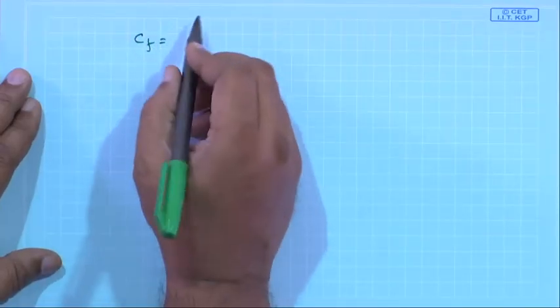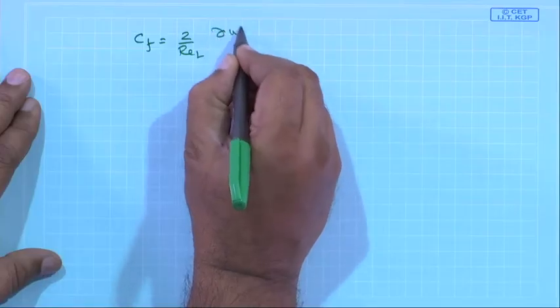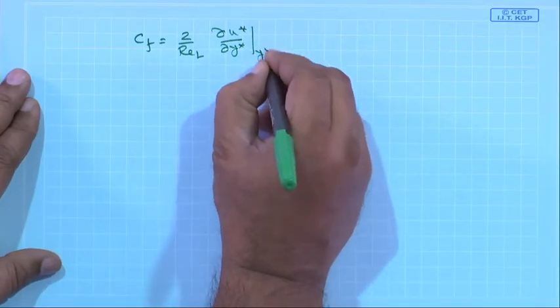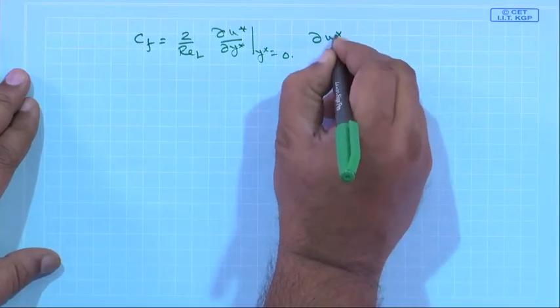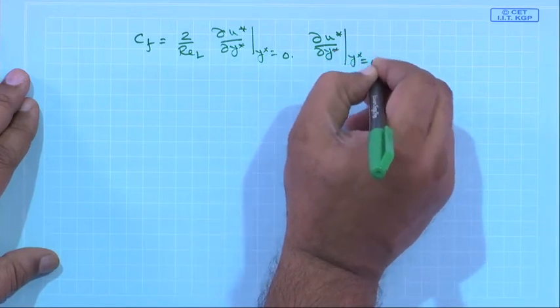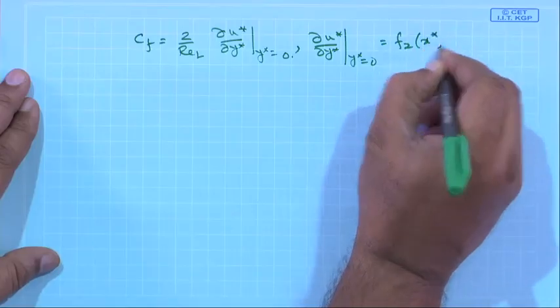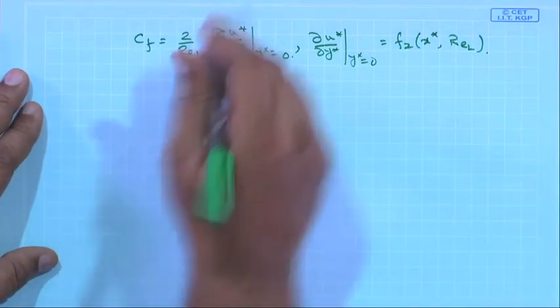So, Cf is 2 by Re_L del u star by del y star at y star equal to 0, and we understand that del u star by del y star at y star equal to 0 equals f2 of x star times Reynolds number based on length.